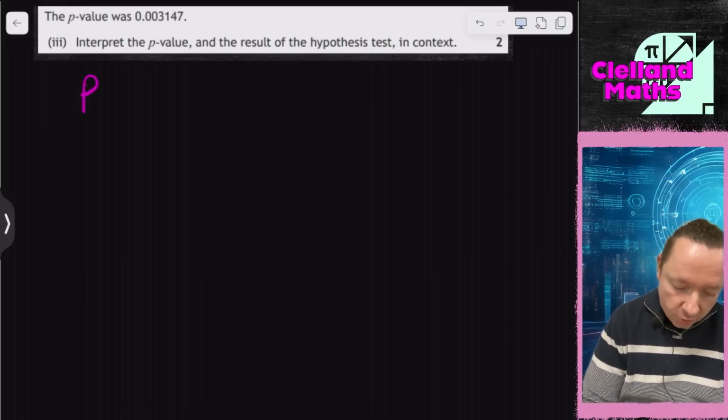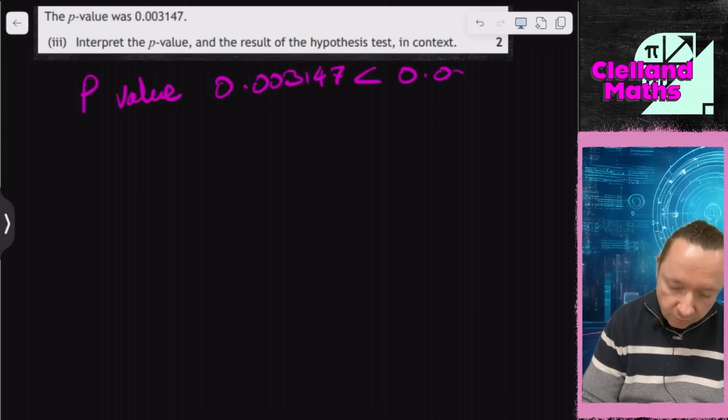So we've got a p-value of 0.003147, which is less than 0.05.